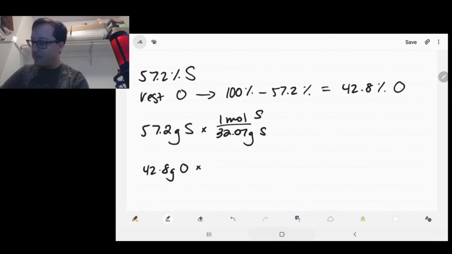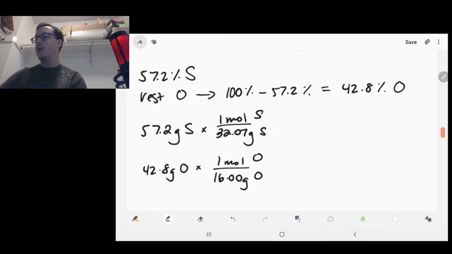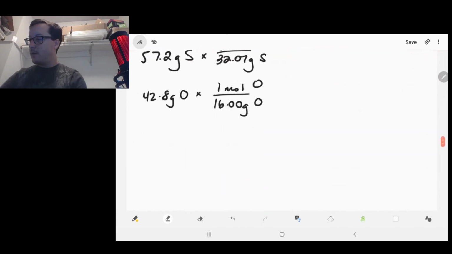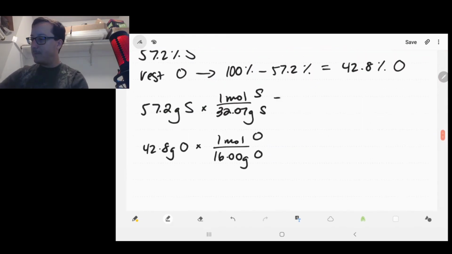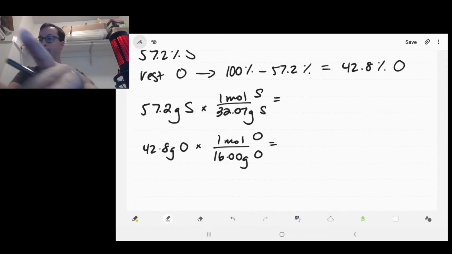So that's sulfur. And this will be oxygen. Whoops. Got all the way up there. Sorry about that. Okay, let's go ahead and do this. So 57.2 divided by 32.07.